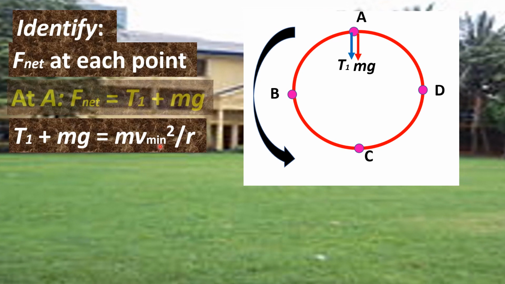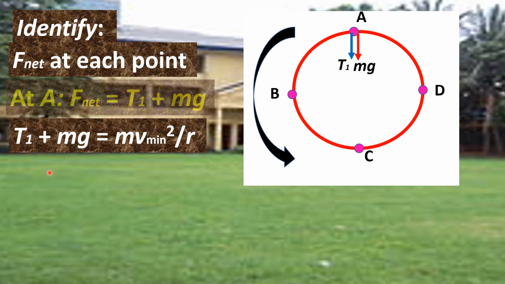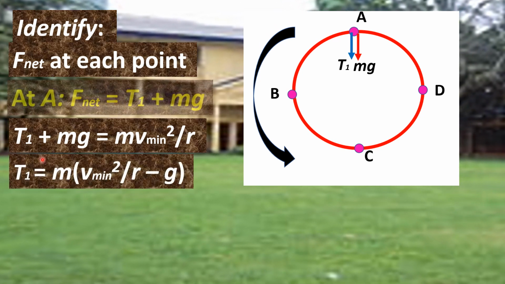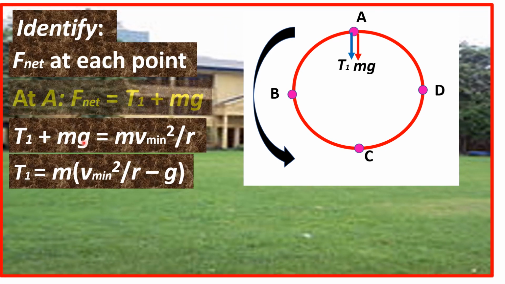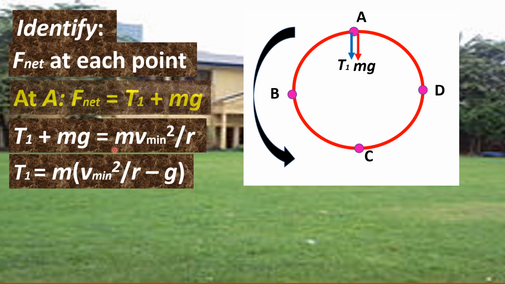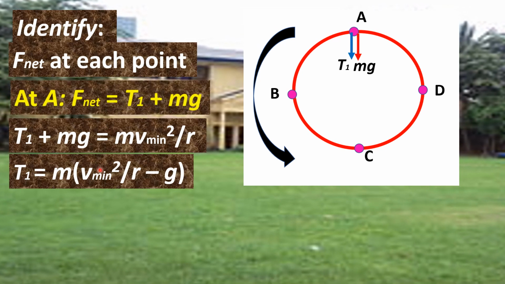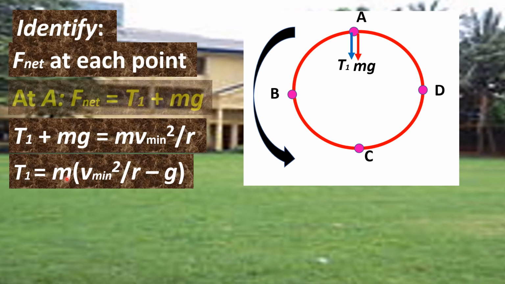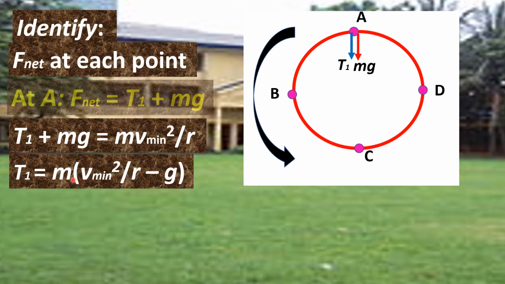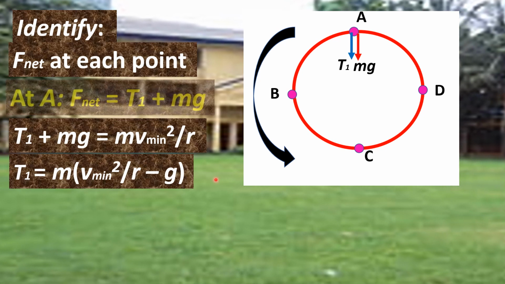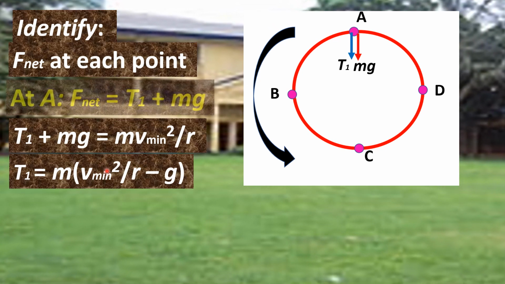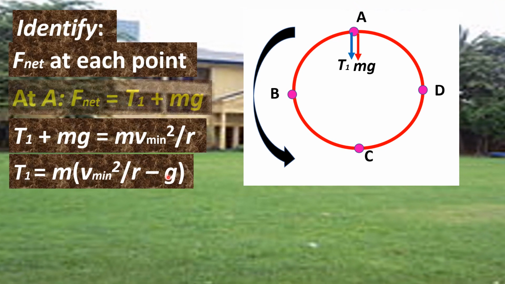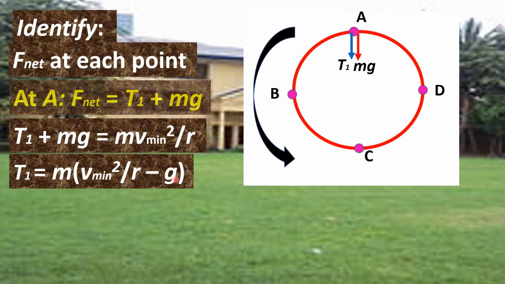And if you're going to isolate the tension force T sub 1, we will get this working equation if you want to determine the magnitude of the tension T sub 1. All right? So it's just equal to the mass of the body of the ball multiplied by the square of the minimum speed divided by r minus, all right, acceleration due to gravity.